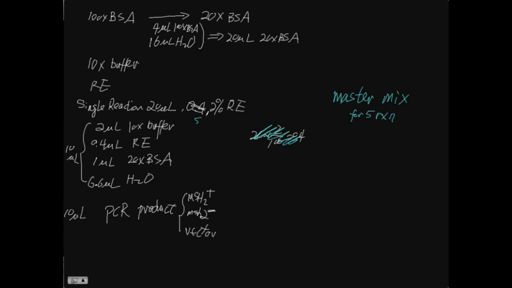So 2 times 5, we need 10 microliter buffer, 2 microliter restriction enzyme, 5 microliter 20x BSA, and 33 microliter water.